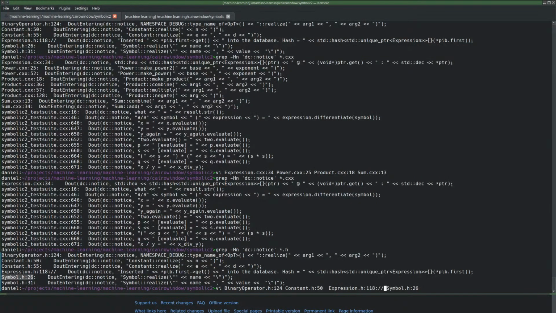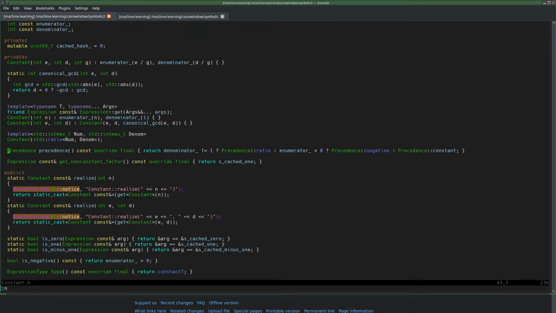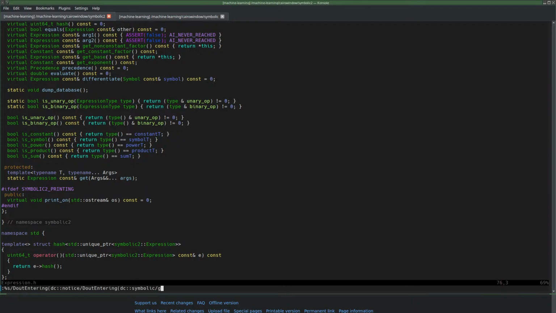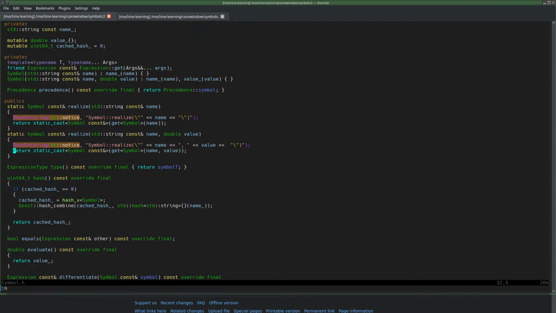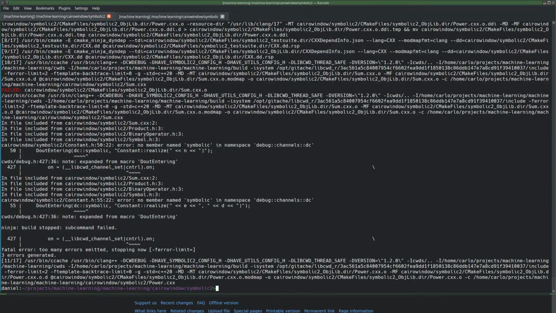Why is backspace not working? PC symbolic is not known.